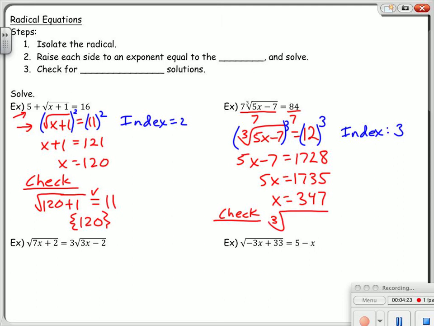So we take the cube root of 5 times 347. I'm just substituting in here. And minus 7 as the finished radicand. And does that equal 12? I used a calculator, to be honest. Took the cube root, and it equaled 12. For our solution set, 347.